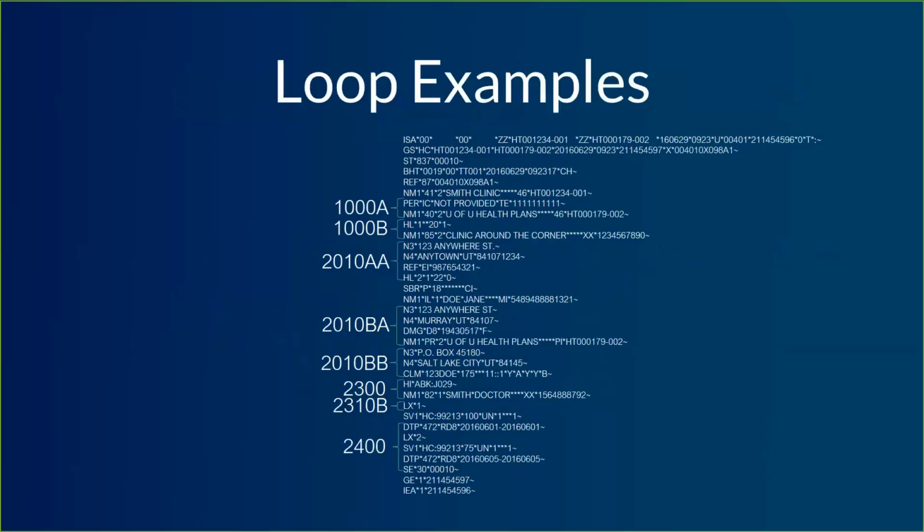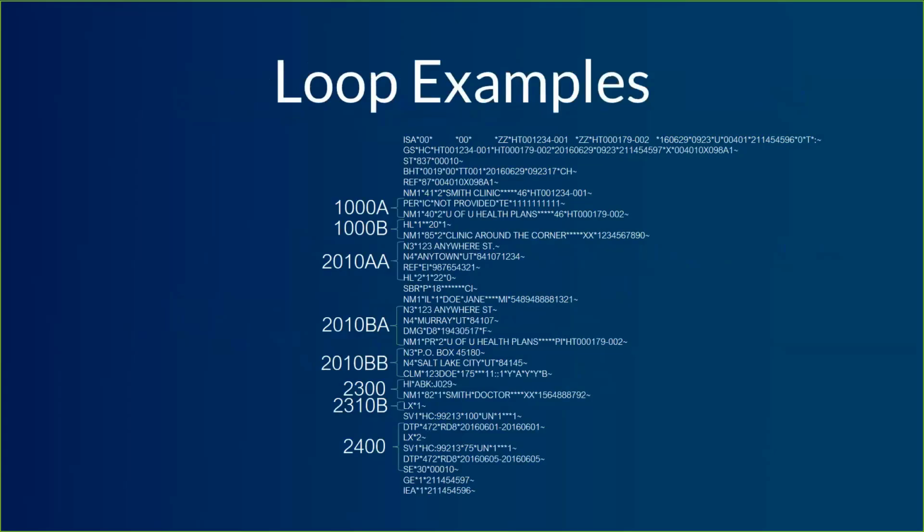The first thing I want to show you is that these loop numbers are going numerically and alphabetically. So 1000A will be before 1000B, and 2300 will be before 2400. So it'll kind of give you a rough order if you're looking at the number there.